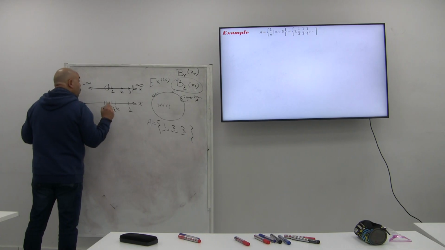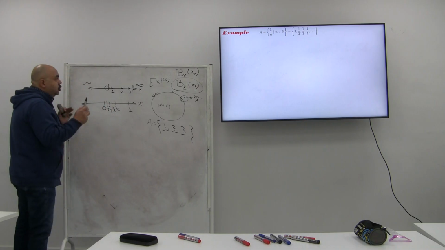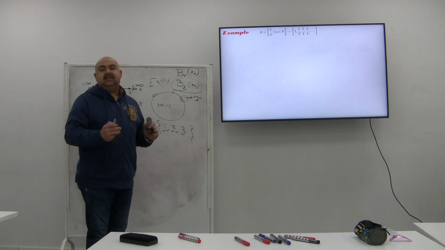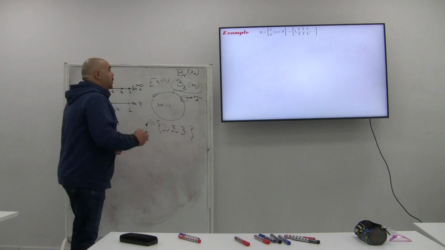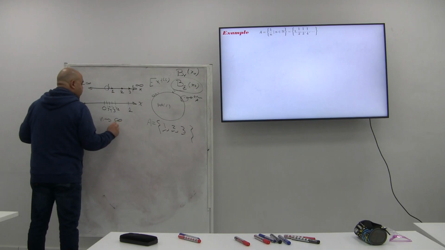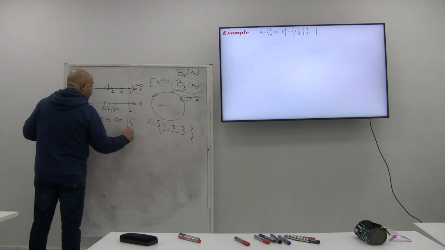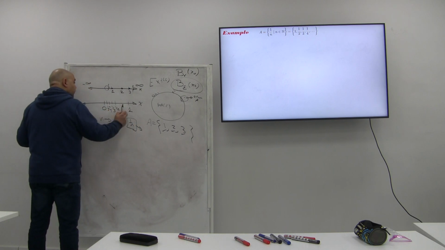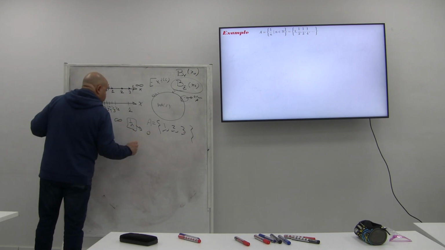As you can see, although 0 is not an element of this set, it is an accumulation point. Because if you take n tends to infinity, 1 over n, which is the general term of this sequence, will tend to be equal to 0.